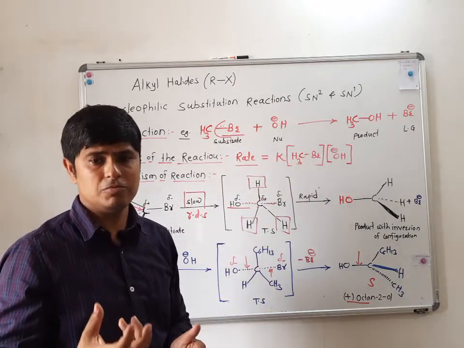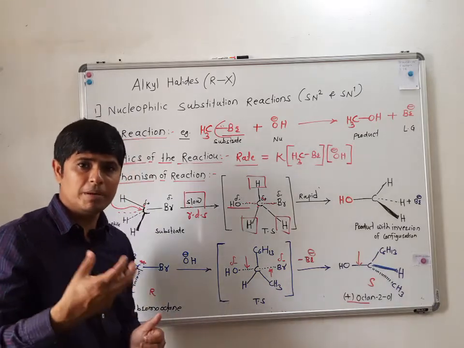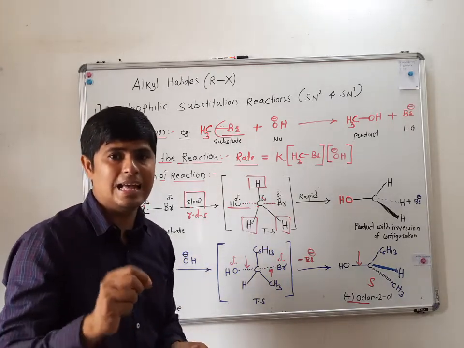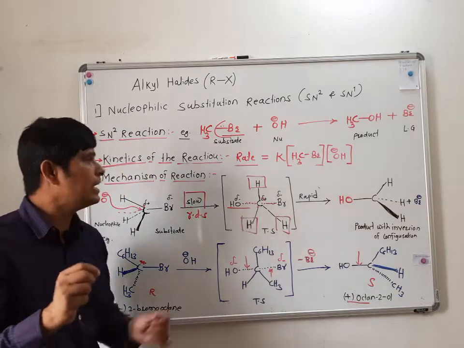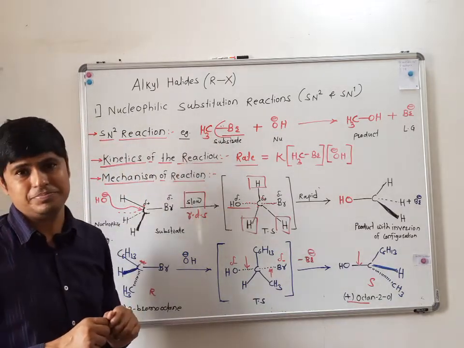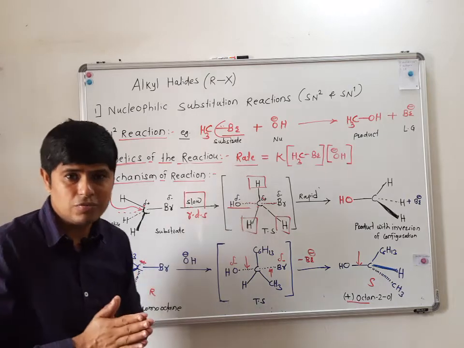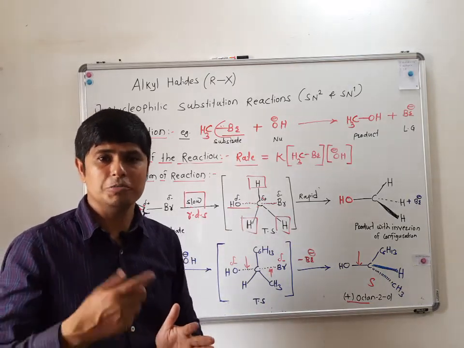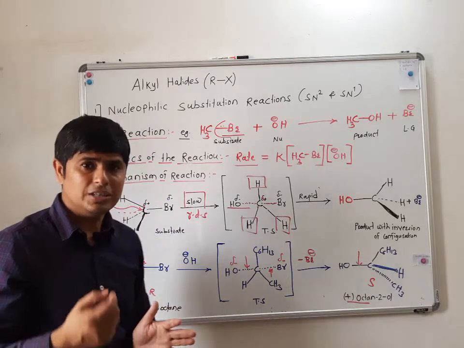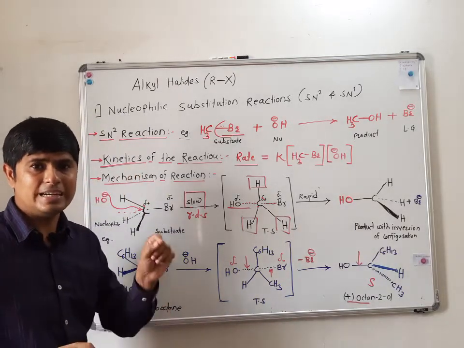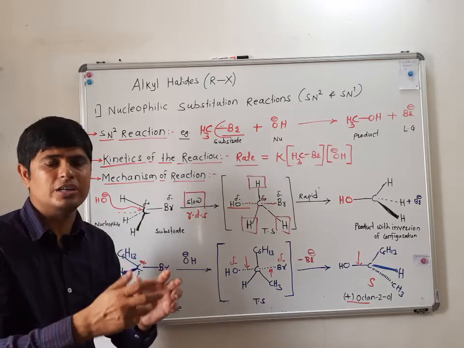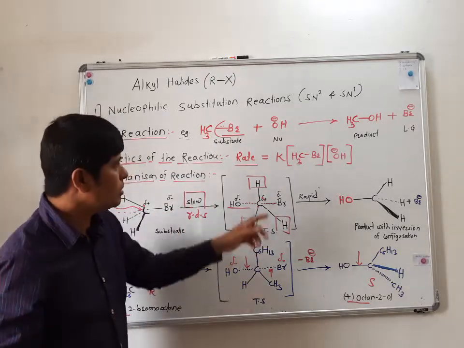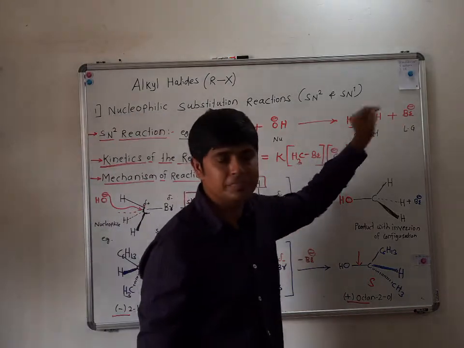It is a species which may be negatively charged or neutral, and it has a tendency to attack an electron deficient carbon atom to form a product. It's called a nucleophile.